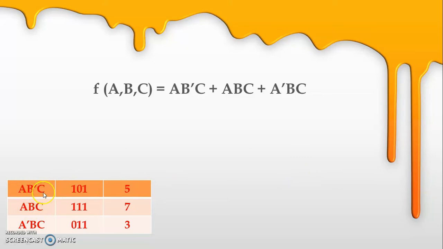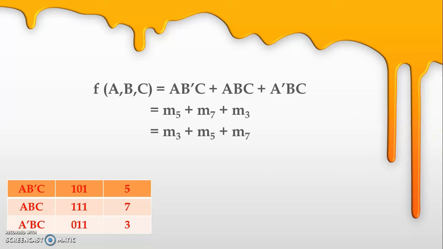So A, B bar, C is 1 0 1, A, B, C is 1 1 1, and A bar, B, C is 0 1 1. If we write the equivalent decimal numbers, 1 0 1 is 5, 1 1 1 is 7, and 0 1 1 is 3. So for each product term, we can now write the minterm, that is M5 plus M7 plus M3.